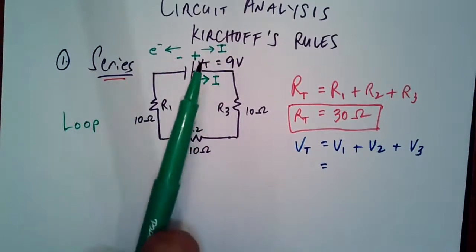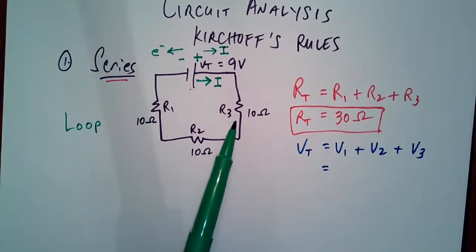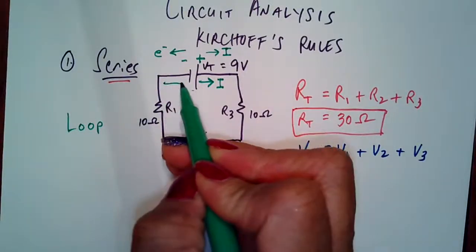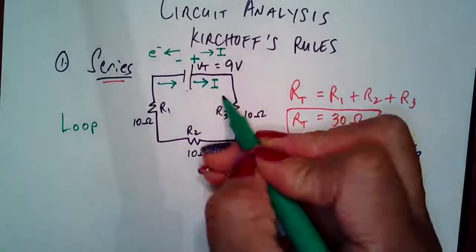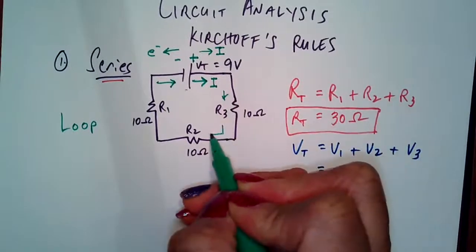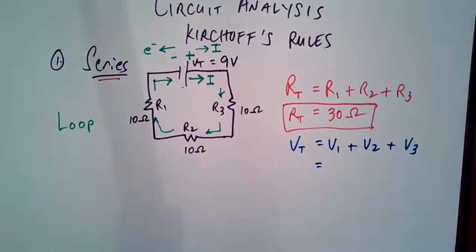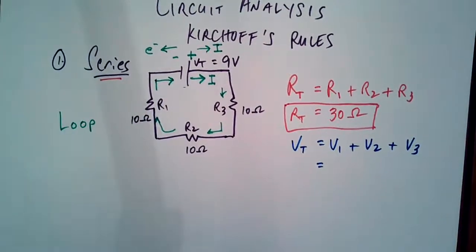The current will go through R3, then R2 and R1 before it returns back to the battery, the power source. There's only one path for that current to follow, because there is only one loop.